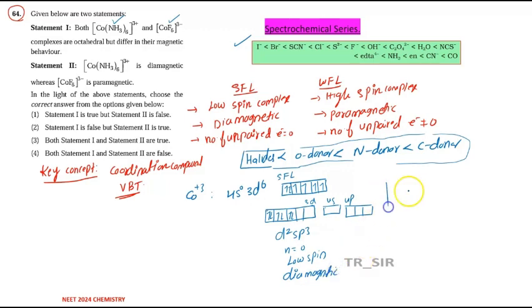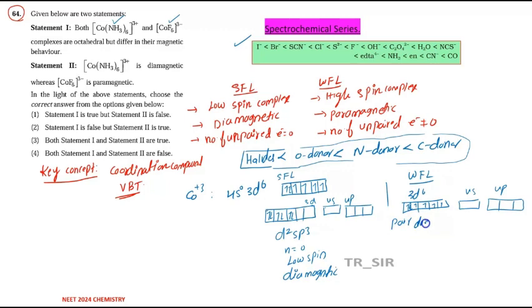Now if we see the weak field ligand, what will happen? In the case of fluorine, same 3d6 is there. When you draw the d orbitals, 1, 2, 3, 4, we have 1 electron, 2, 3, 4, 5, as well as 6. Now 4s is empty and 4p is empty. Here pairing does not take place due to weak field ligand.